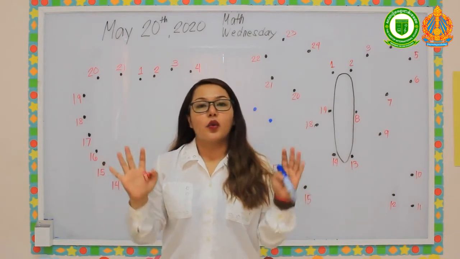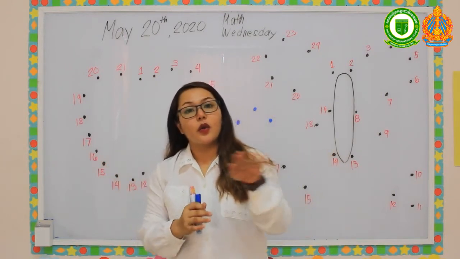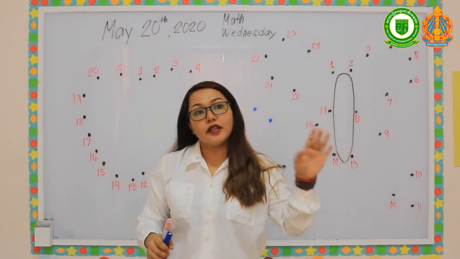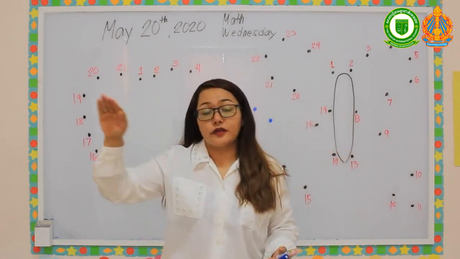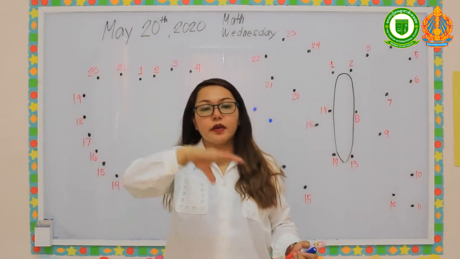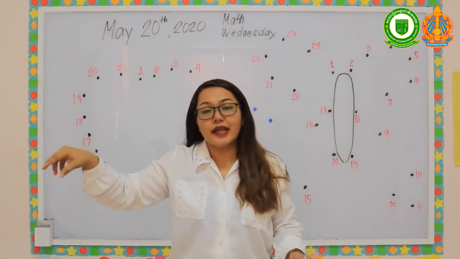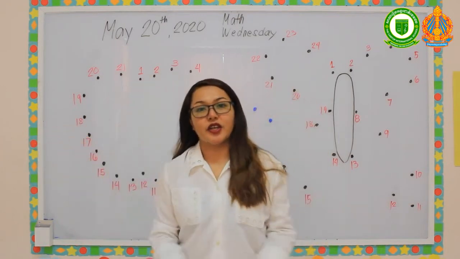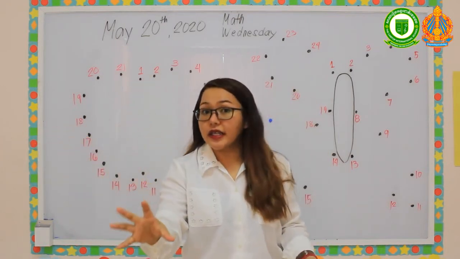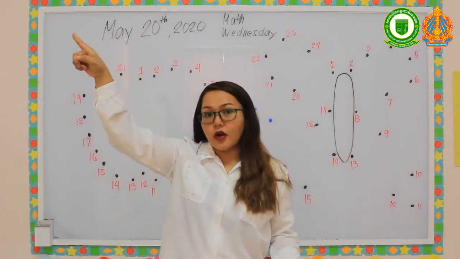Again, we are going to follow the numbers from 1 going up. 1, 2, 3, 4. You should not jump from one number to the other numbers, because it will ruin or destroy the picture. Okay, so we are going to begin from number 1 going up.